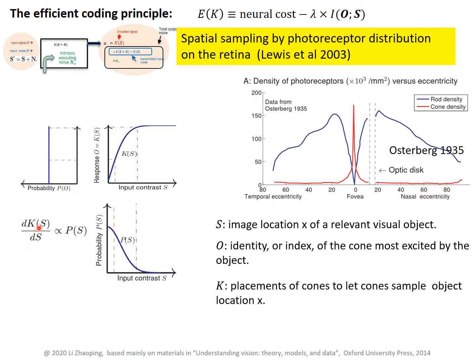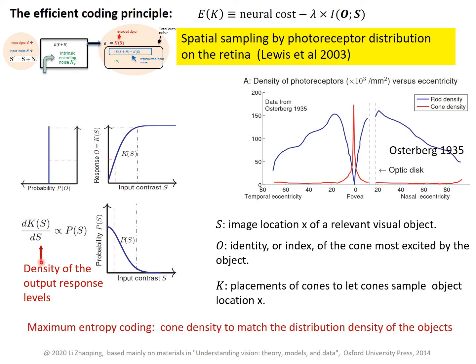So this function really indicates the density of output response levels, and this density should match the probability that input contrast happens around there. We can make the same analogy to our cone sampling, okay? The maximum entropy coding means we need to make the density of cones match the distribution of objects on our retina. So if the objects on our retina are more likely to appear at the fovea, then we need to have a higher density at the fovea.